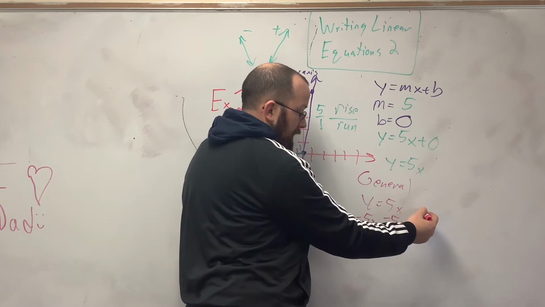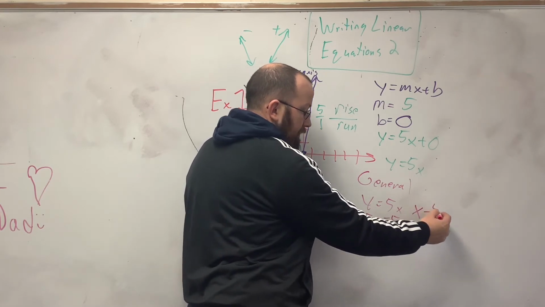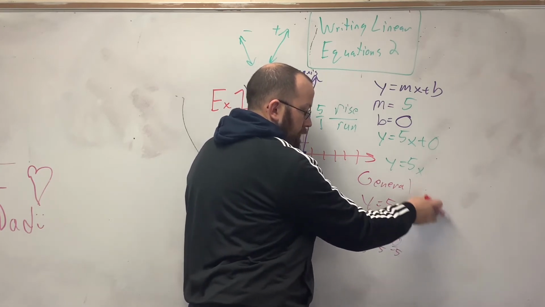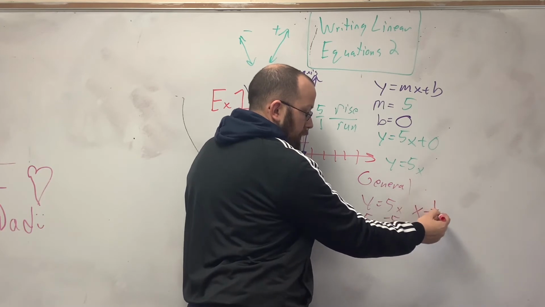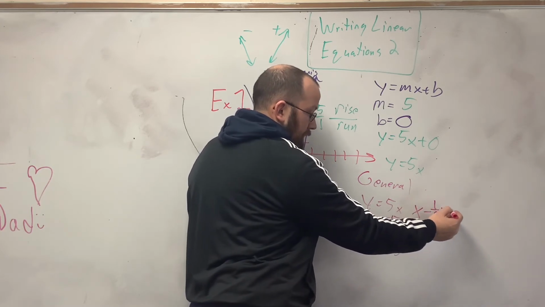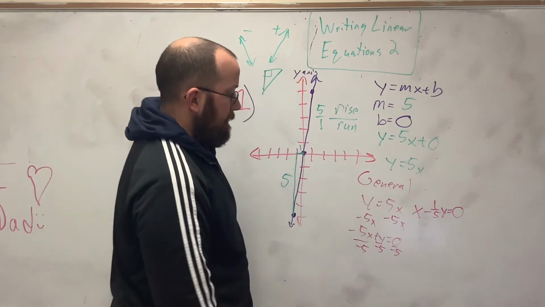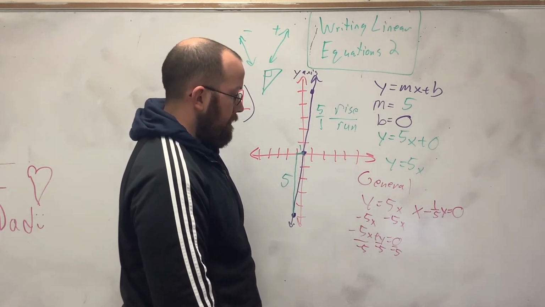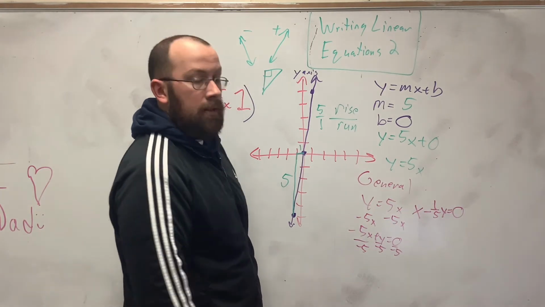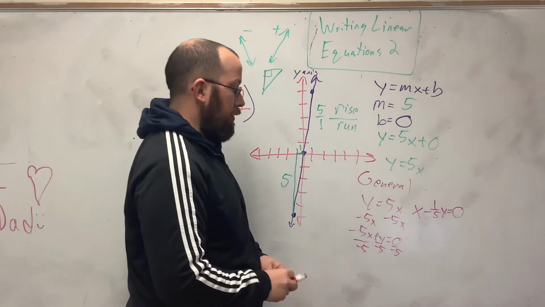That gives me x minus 1/5 y equals 0. And there's your general form.